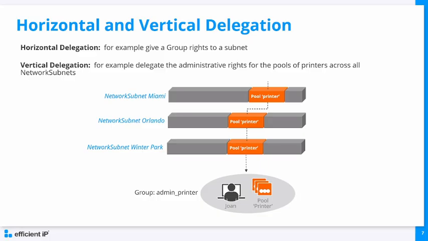Or you will be able to assign different subnets on different blocks to the group. So that is vertical. So it's flexible, right? You can pick any object at any level. So those are the objects that can be managed by the group.